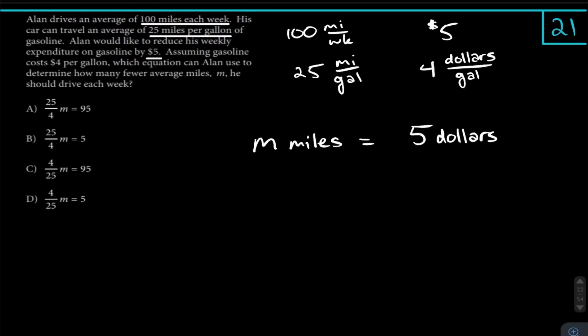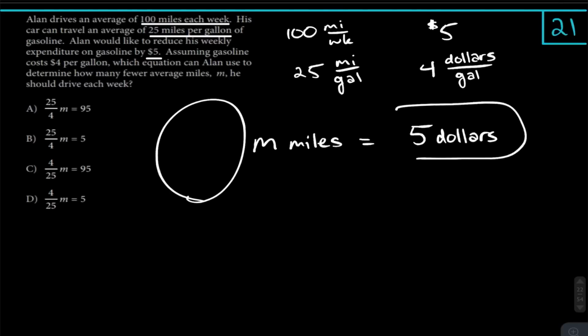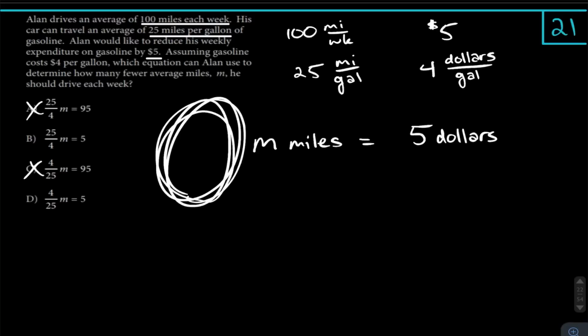We want something with M miles to save us a total of $5. And that already cancels out A and C, because they equal 95 for some reason. So the problem now is finding what's actually going to be out here.